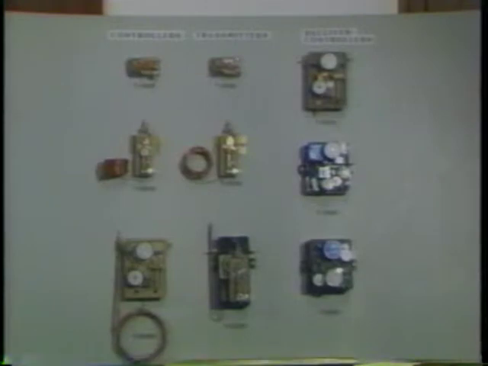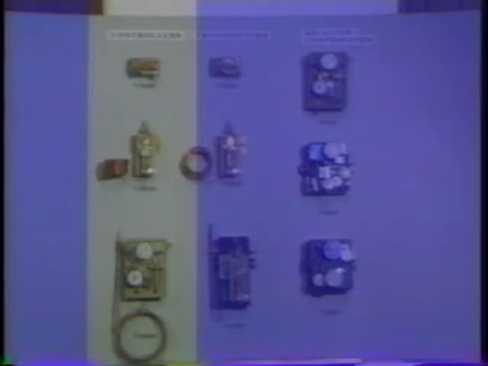Now let's review the functional differences between controllers and transmitters. These controllers are calibrated for each individual application to provide a certain output pressure within the spring range of their controlled device. Sensitivity is also calibrated for each individual application. These transmitters, on the other hand, don't know what the spring range of the controlled device is.